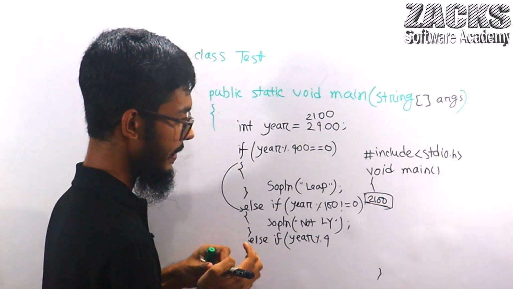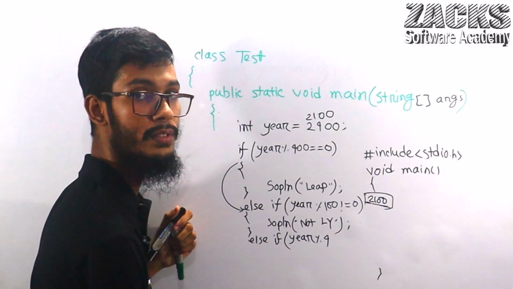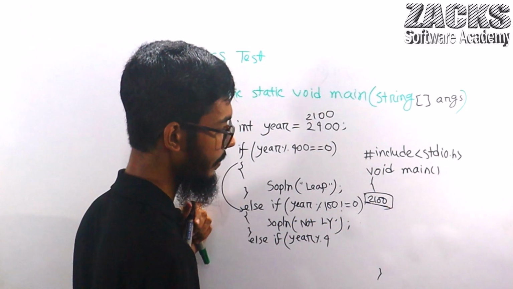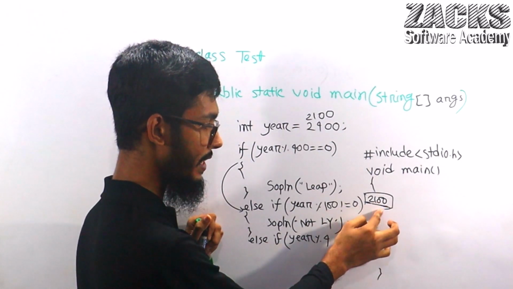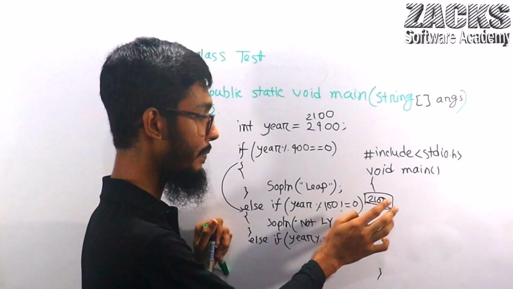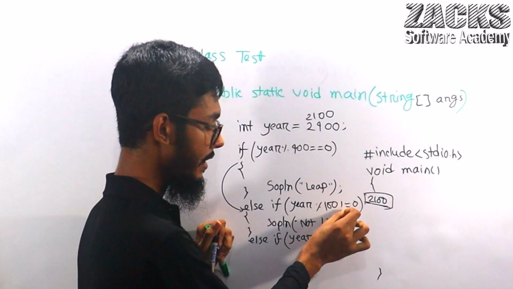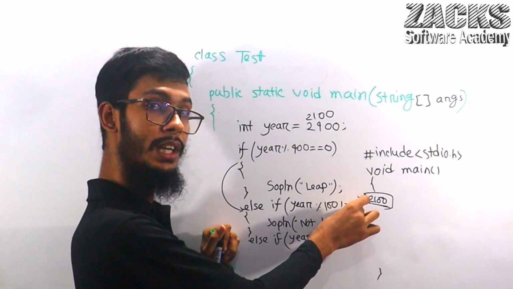Now tell me, will this condition be true or false? Can I write the logic this way? For 2100 this year, we can divide with 100, right? But we are saying we cannot divide with 100.